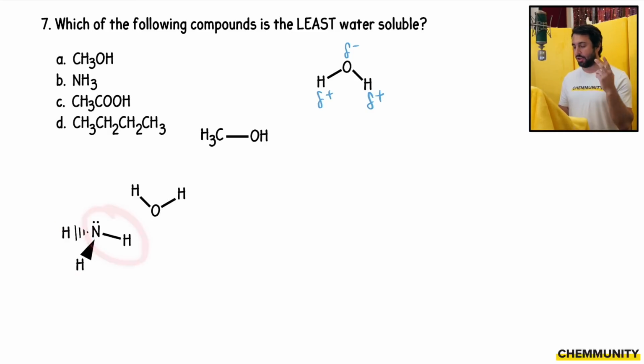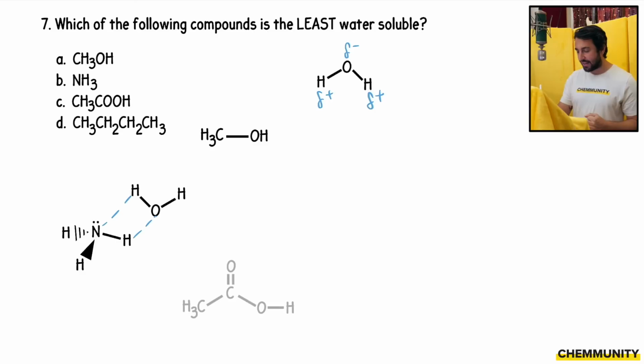Remember that FH, NH, and OH groups are capable of hydrogen bonding. And so this will be able to do hydrogen bonds with water molecules where we have interactions like this, where the partial plus H on water interacts with the partial minus N on ammonia, and the partial plus H on ammonia interacts with the partial minus O on water. Those are potential interactions that will enable ammonia to be highly water soluble.